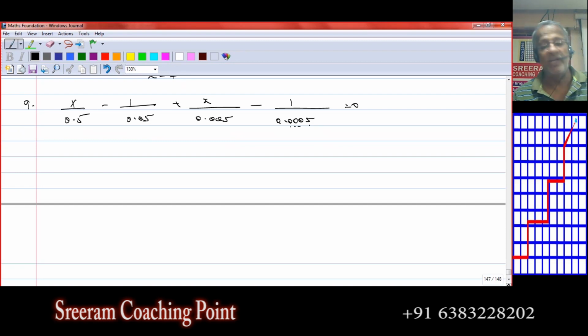So I have to multiply all this on either side by 10,000. Am I right? 1000 or 10,000? I want a whole number. 10,000 only, and I would like to take it as 50,000 on either side.